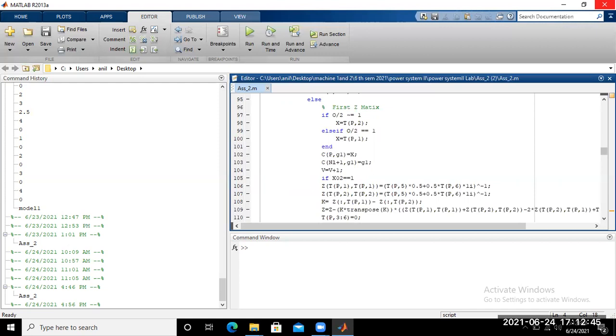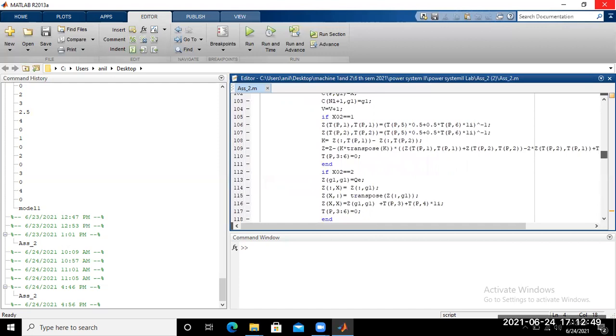Okay, similarly, so this we can, if tp comma 3 is equal to 0 and if x02 equal to 2, so z g1 comma g1 equal to qe.